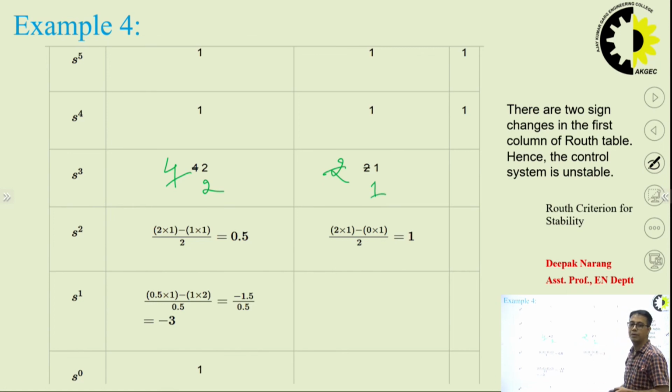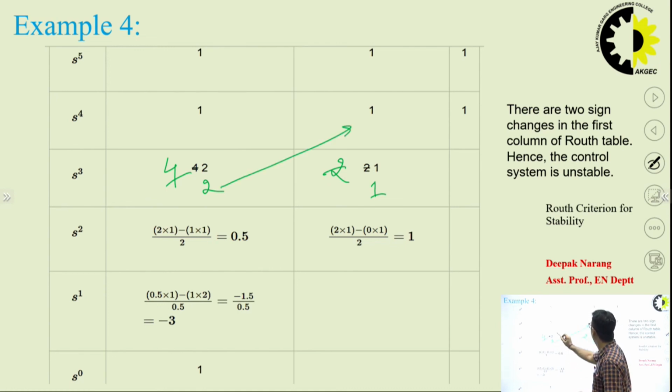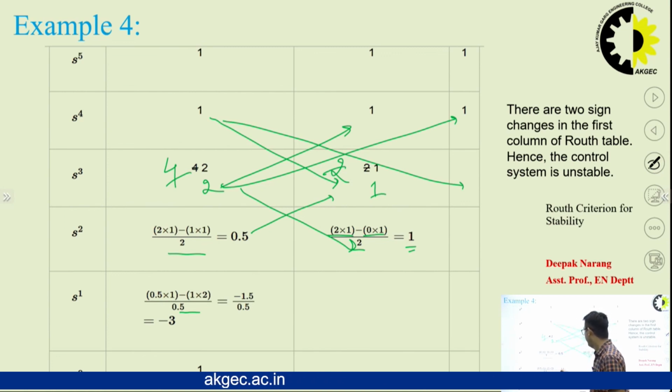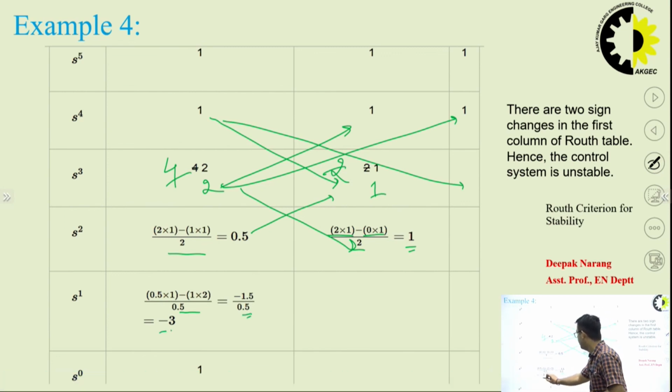Now we can solve the rest of the Routh array by using the same method. 2 into 1 minus 1 into 1 divided by 2, it comes out 0.5. Then 2 into 1 minus 0 into 1 divided by 2 is equal to 1. Further, apply the same method, 0.5 into 1 minus 2 into 1 divided by 0.5, we get this value as -3 and the last value as -1.